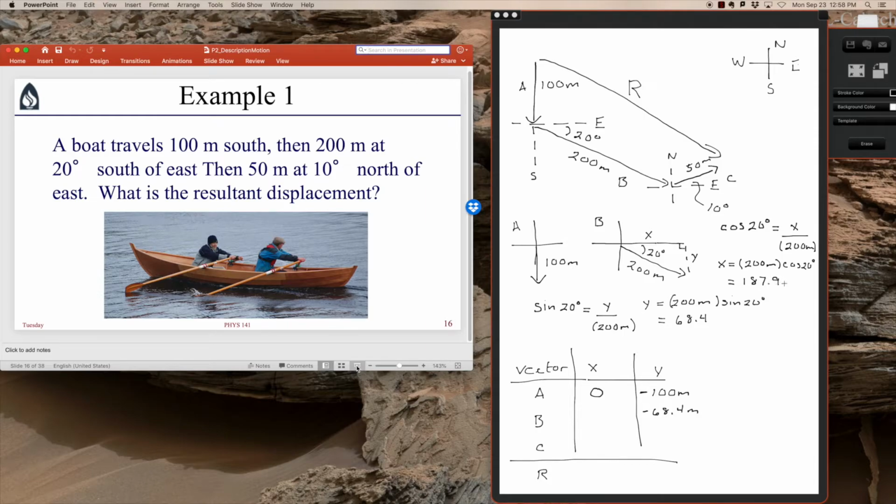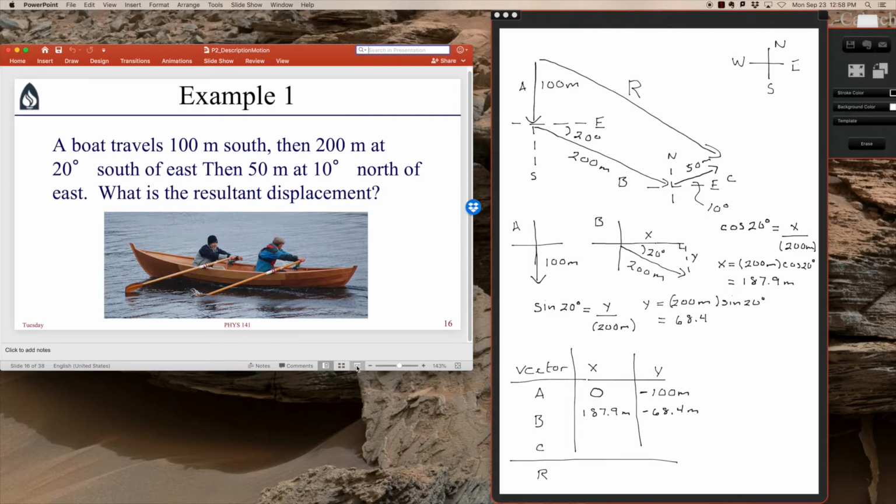So then I can add that to my table as well. 187.9. And this vector is pointing in the positive x direction, so the number I write down in my table should also be positive.